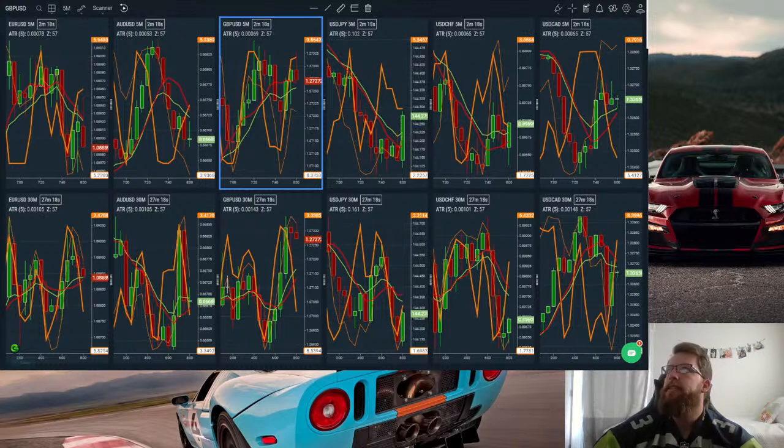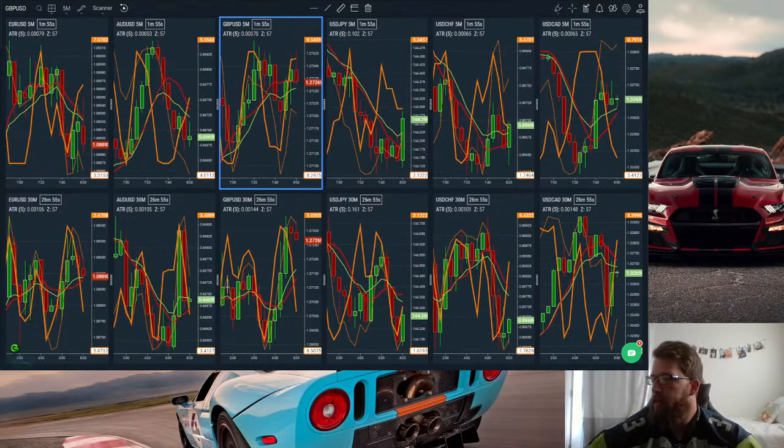I need to save this layout. In fact, let's do that right now. 3 chart. Save. Okay, so now if I go over here, 3 charts, it should bring up exactly what we have. Turn on night mode because day mode sucks, in my humble opinion.